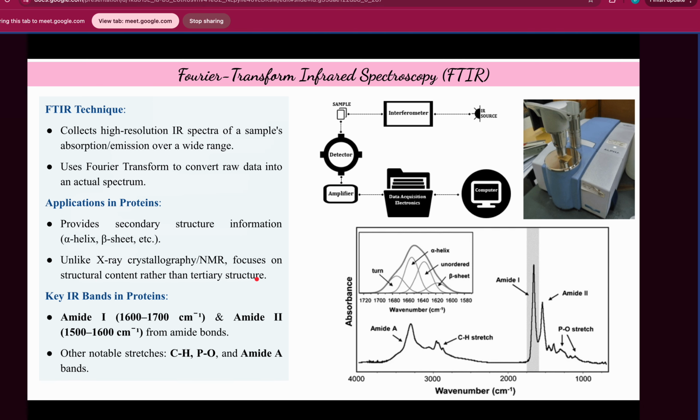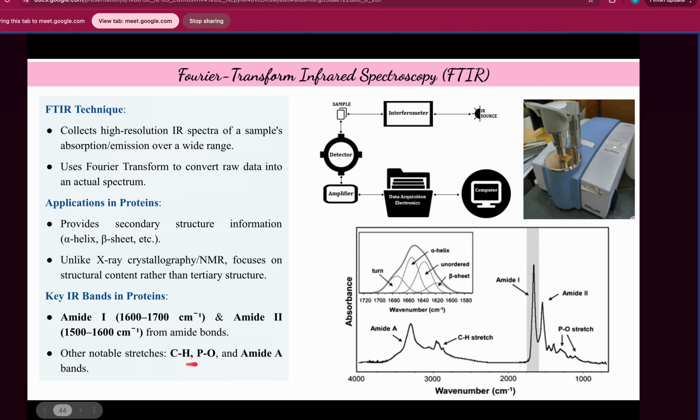So it is based on the secondary structural content and key IR bands in proteins. Because we know in proteins there are amide bonds present, for different proteins we will observe characteristic amide 1 and amide 2 bands. The amide 1 band generally appears from 1600 to 1700 centimeter inverse, and the amide 2 band is observed from 1500 to 1600 centimeter inverse. This is the wave number.